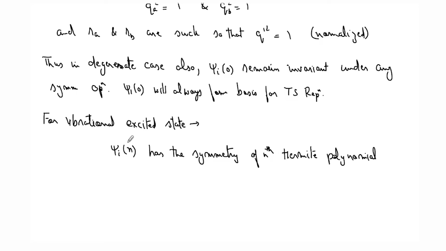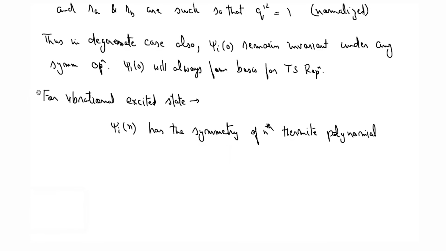Other than that, nothing is contributing into the symmetry. So let's see how it happens. So for the first excited state, we have n equal to 1.